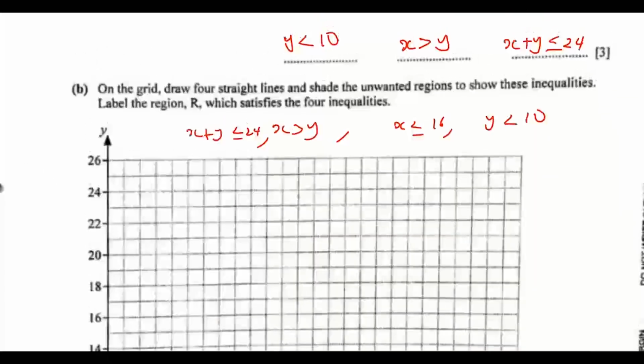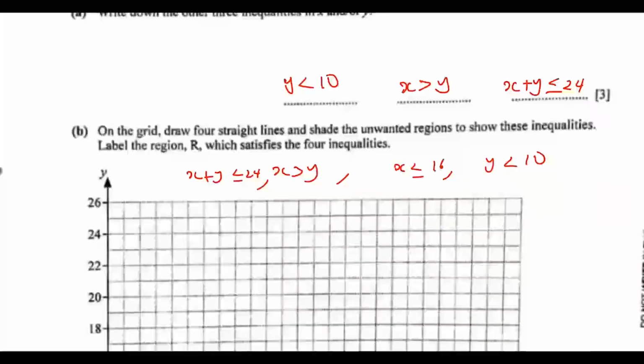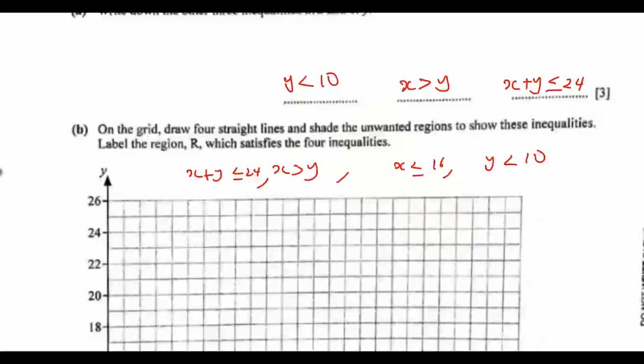Let's start with the first one, x less than or equal to 16. A quick note: if you have the symbol less than or equal to, or greater than or equal to, these two require a thick line.